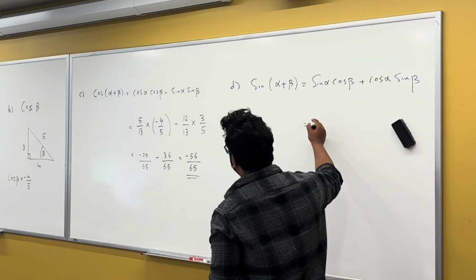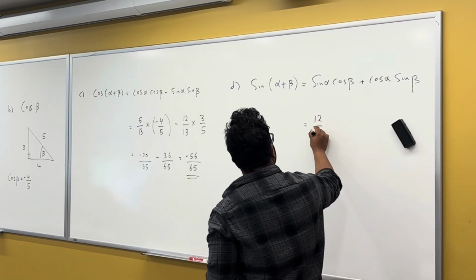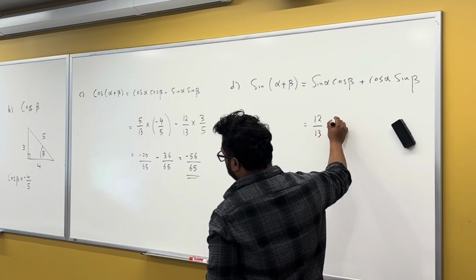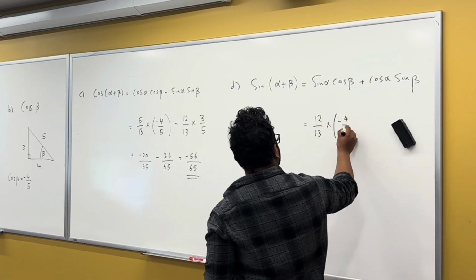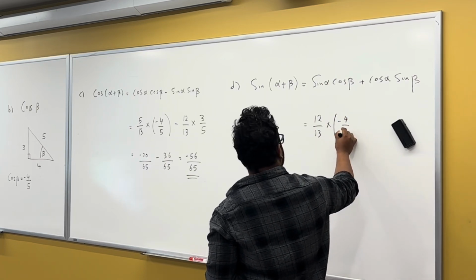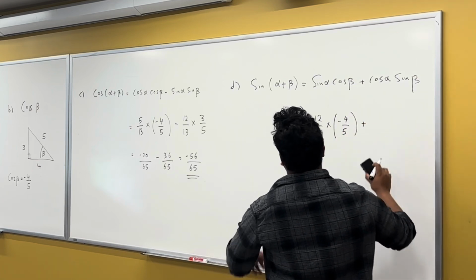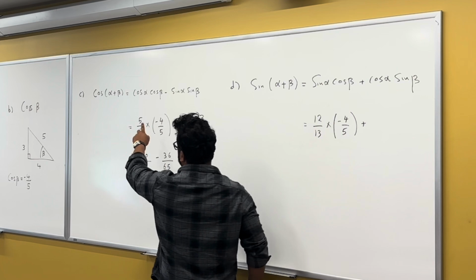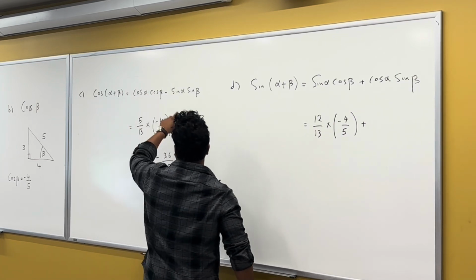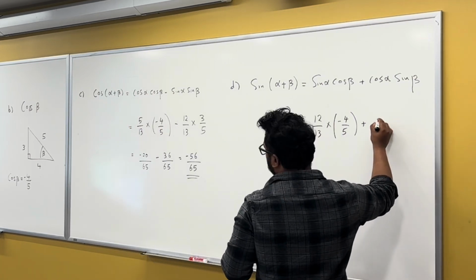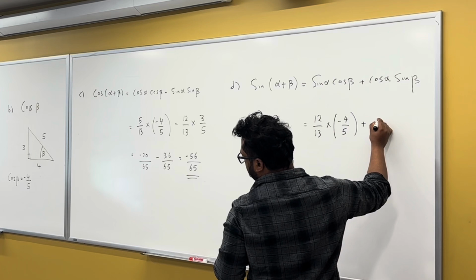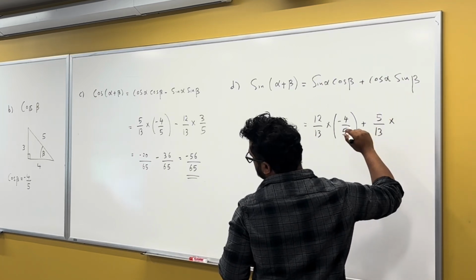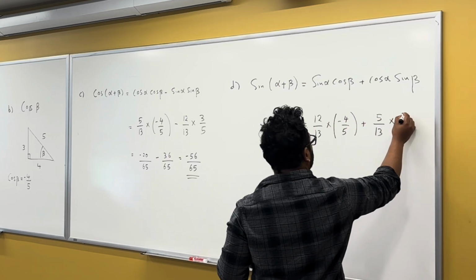Sine alpha, 12 over 13, cosine beta, negative 4 over 5, plus cosine alpha, 5 over 13, sine beta, 3 over 5. Again, for sine, if you have plus, this is plus. Cosine, by the way, is different. If you have plus, it's minus.